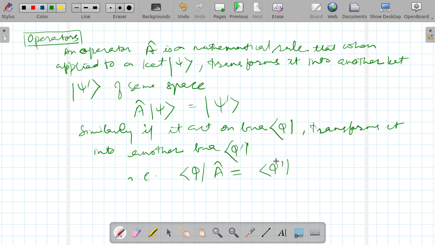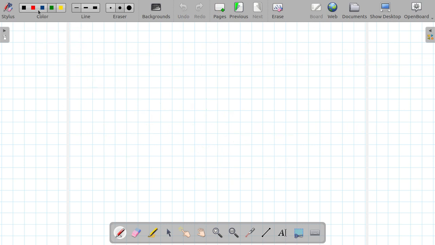Then let us discuss certain examples of operators. First of all, the unity operator.